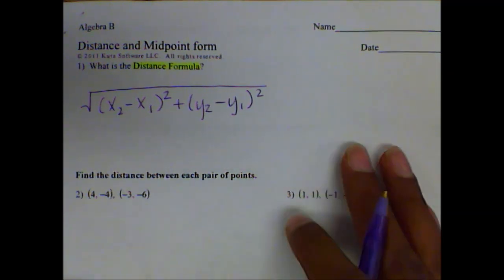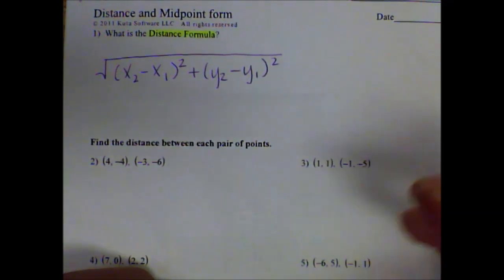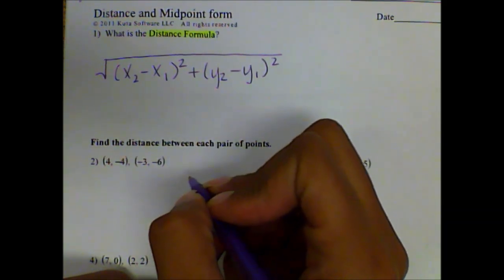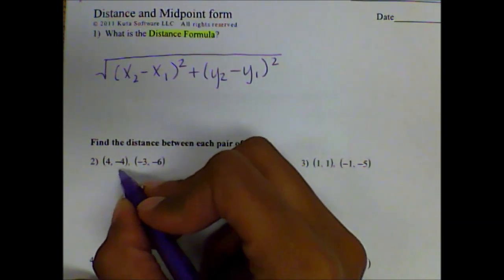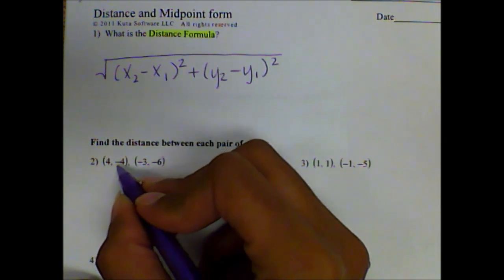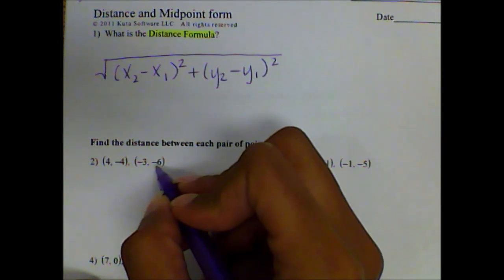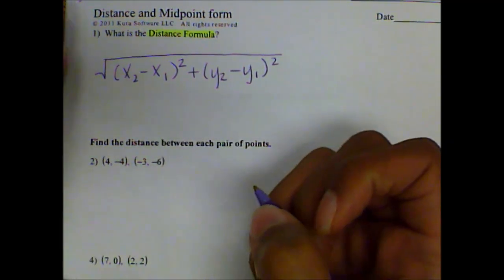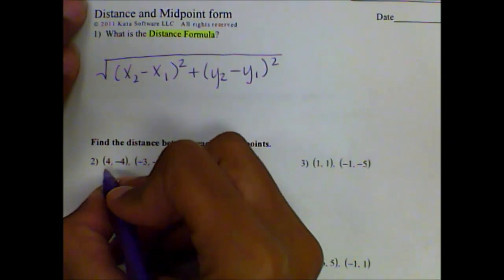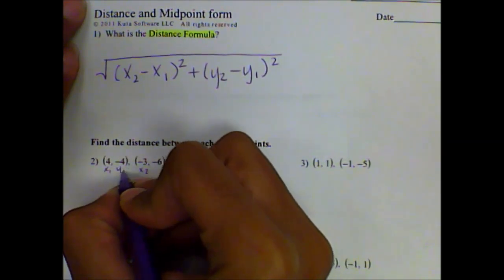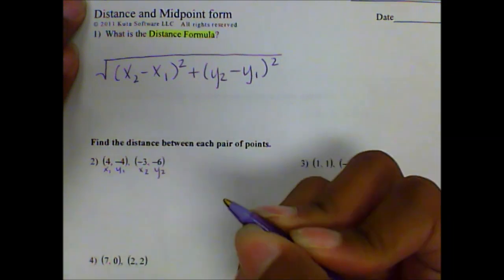Now I'm going to go ahead and work number 2 for you. Number 2 says find a distance between each pair of points. So the pair of points we have is 4, negative 4 and negative 3, negative 6. Now I'm going to plug them into the formula. So x1, x2, y1, y2.